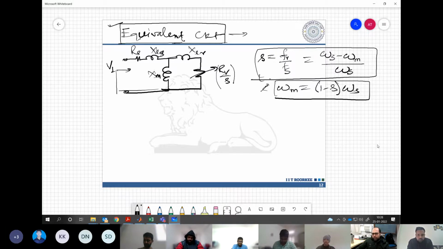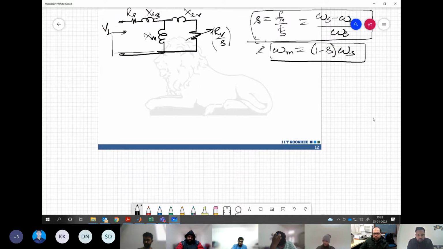Now, we also know, just a quick recap of its phasor diagram. This we will revisit when we are discussing the harmonic torque. So only for your reference I am keeping it here, but I will revisit this when I am doing the harmonic torque analysis in a much more detailed way.